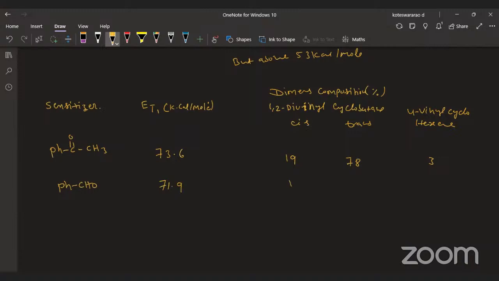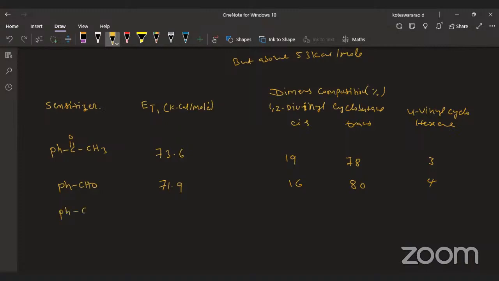But the cis isomer yield decreases slightly, and the trans isomer yield increases slightly. At the same time, the 4-vinylcyclohexene product increases by 1%. But no need to memorize it; we need to understand the concept here.